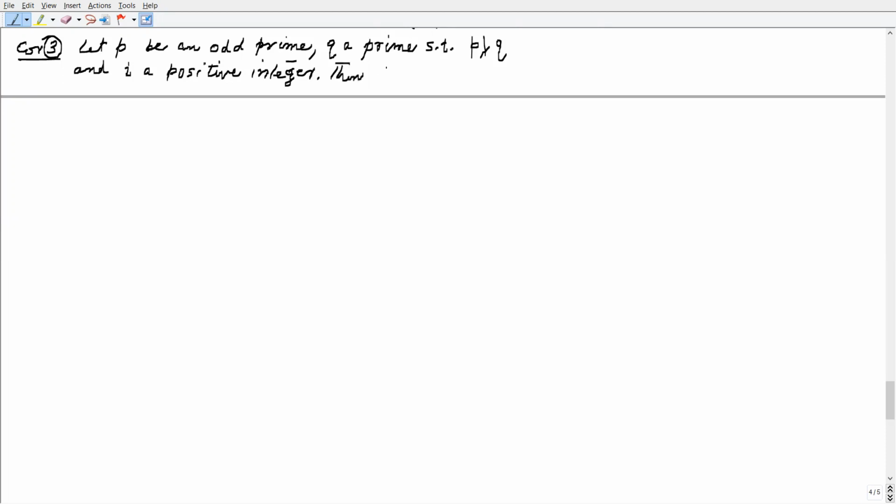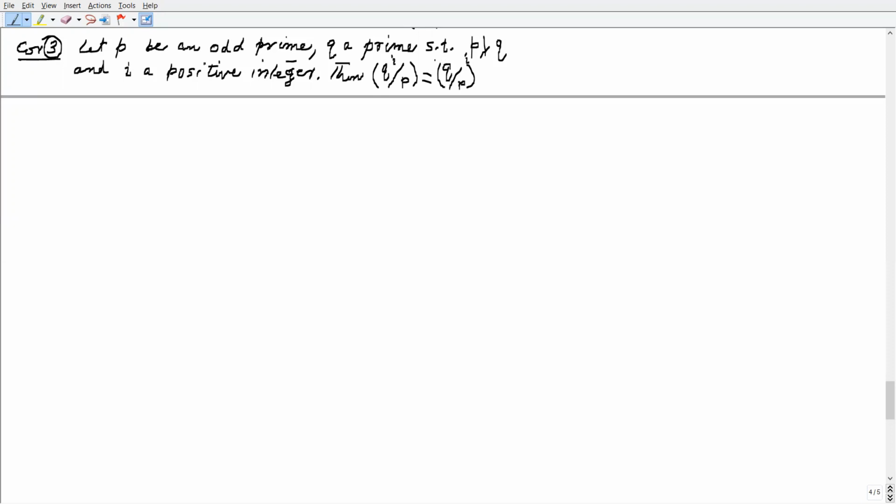Then the Legendre symbol of q to the power i over p is the same as the Legendre symbol of q over p, whole power i.